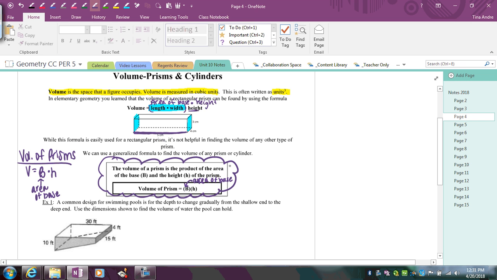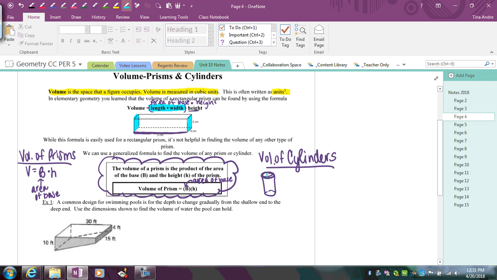And then we can also use this idea to help us with cylinders. When you think about a cylinder, you have 2 circular bases, volume of cylinders. You end up with 2 circular bases, and you still need to know the height of the object.